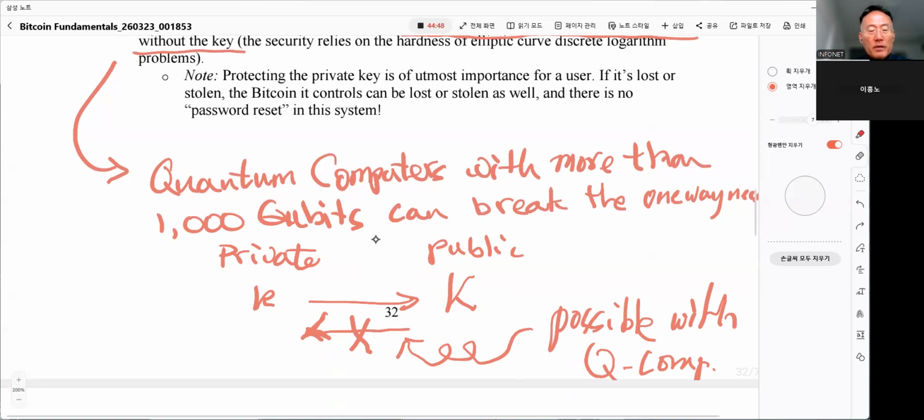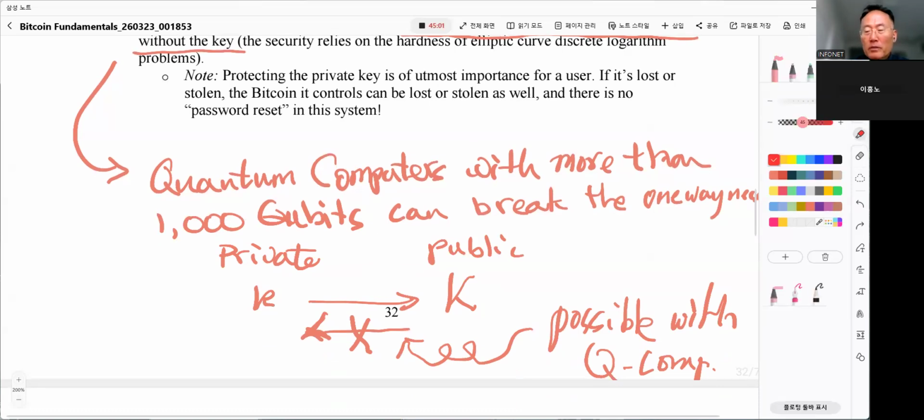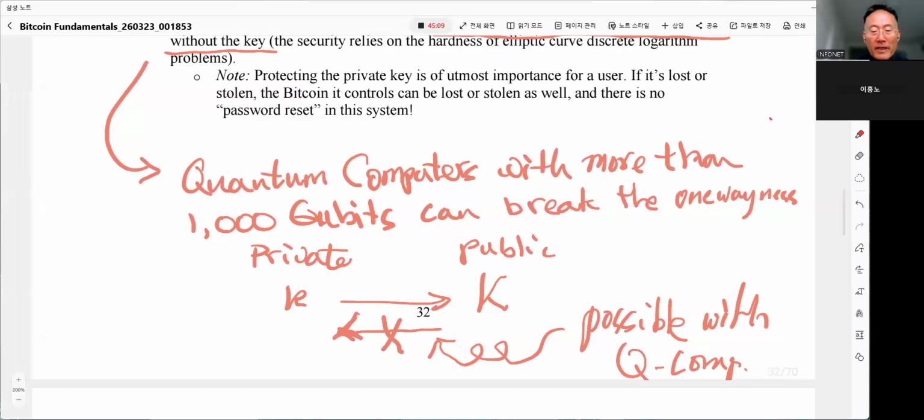Quantum computers with 1,000 qubits. Maybe Google makes it or some other company makes it, and there is a problem because there is the Shor algorithm. If we use the Shor algorithm, from the public key, one can find the private key. That's the threat, the quantum computer threat.